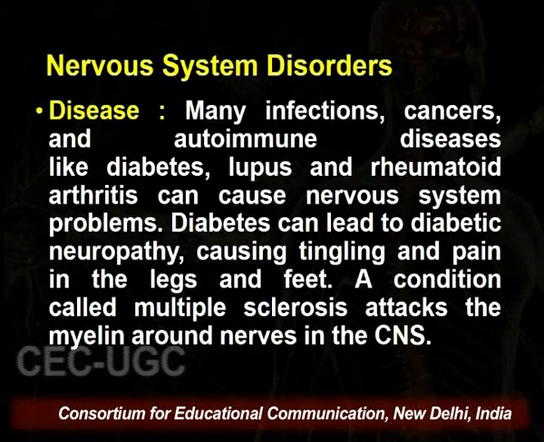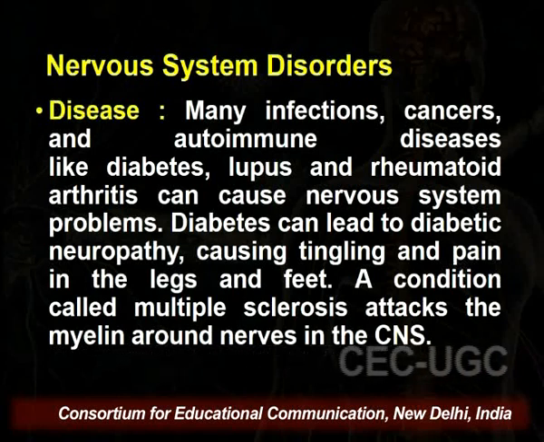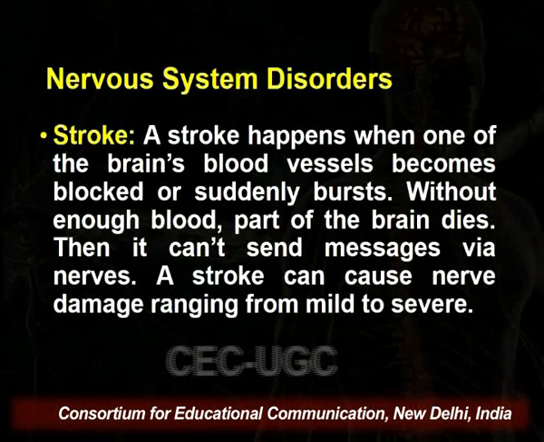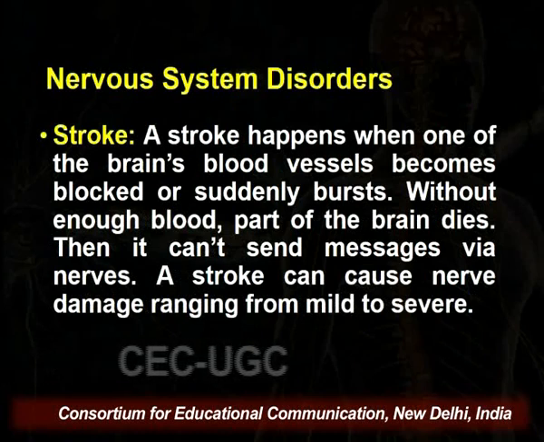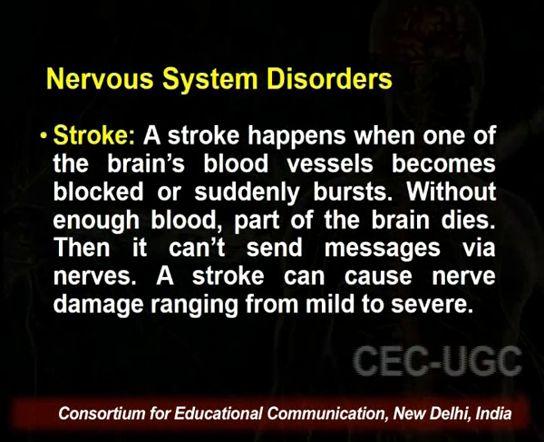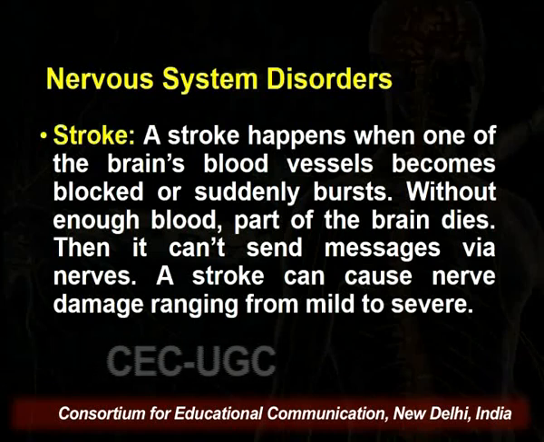A condition called multiple sclerosis attacks the myelin around the nerves in the CNS. Then stroke. A stroke happens when one of the brain's blood vessels becomes blocked or suddenly bursts. Without enough blood, part of the brain dies, and then it can't send messages via nerves. A stroke can cause nerve damage ranging from mild to severe.